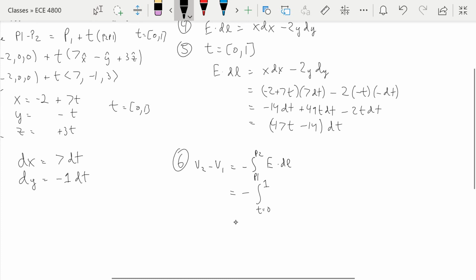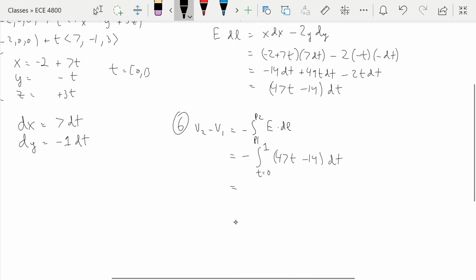And E dot dl in terms of t is what we just found, 47t minus 14 dt. And this becomes 47 over 2 times t squared minus 14t, going from 0 to 1 with a negative sign here.